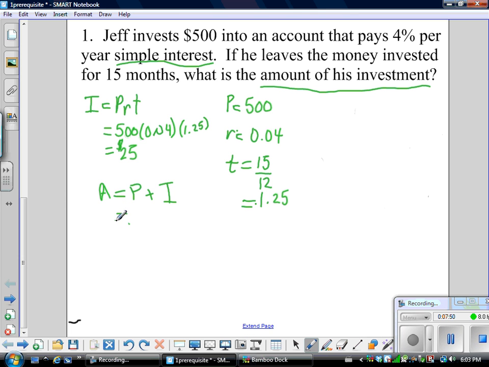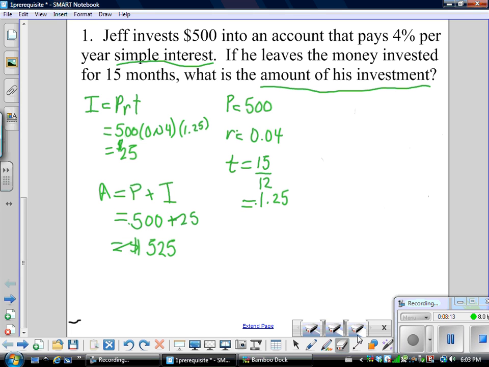His principal was originally $500, and he made $25 in interest. So the amount of his investment is $525.